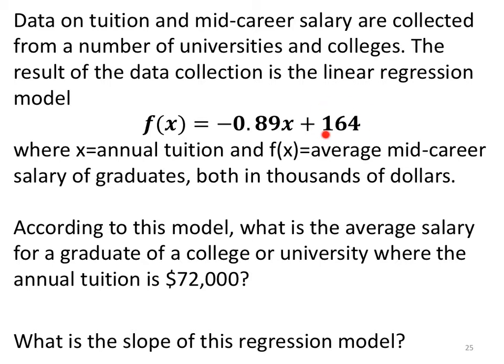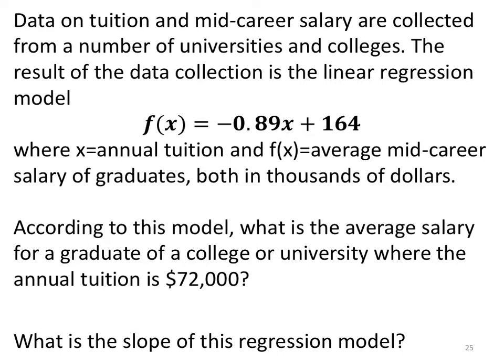So this would be 164,000, and this would be negative $890, I guess, right? Multiplied by whatever x is, because they're both in thousands. So according to this model, what is the average salary of a graduate of a college or university where the annual tuition is $72,000?